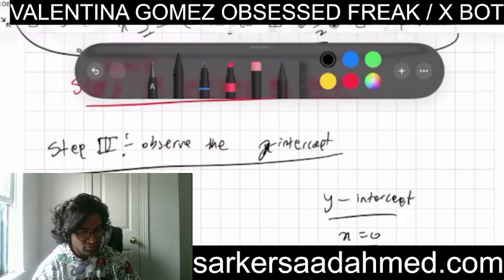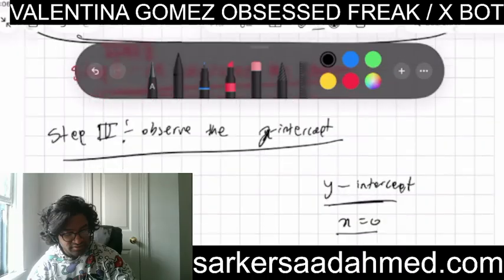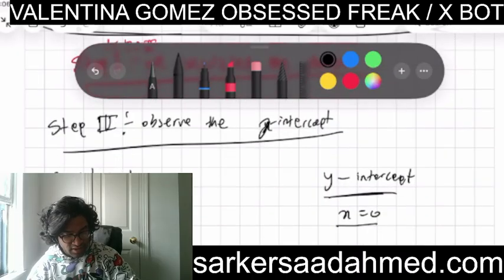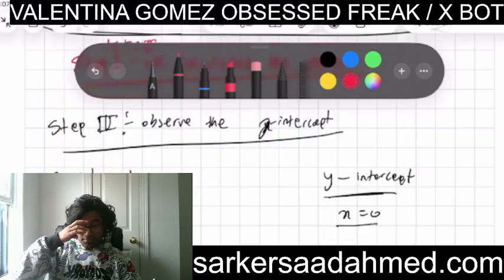You set x to 0, you get the y-intercept. You set f of x to 0, you get the x-intercept. I'm just going to write it in red color. So x-intercept, f of x is equal to 0. Y-intercept, x is equal to 0.